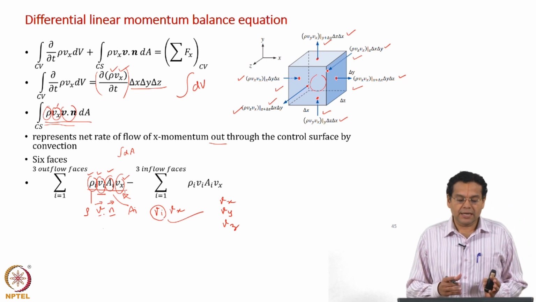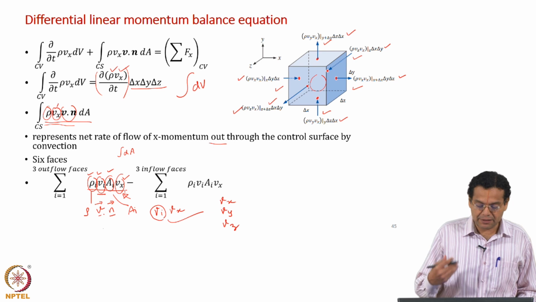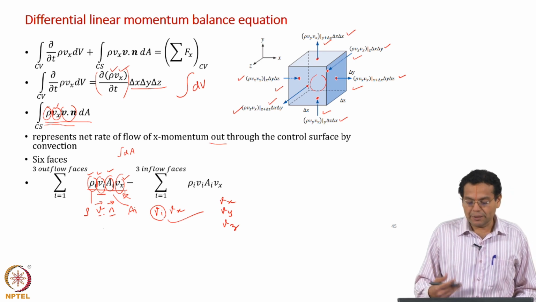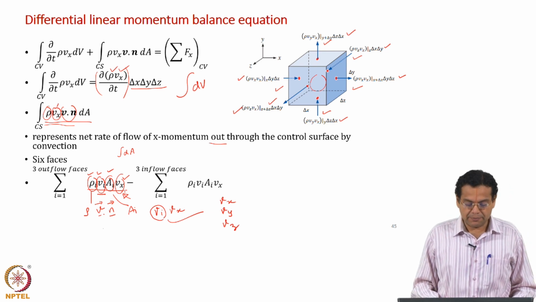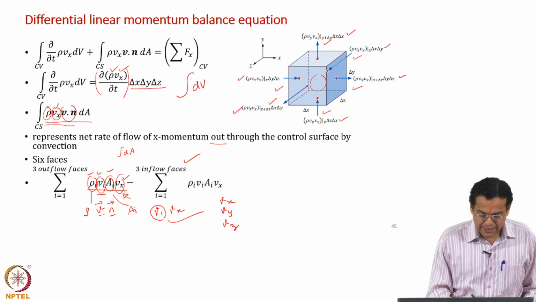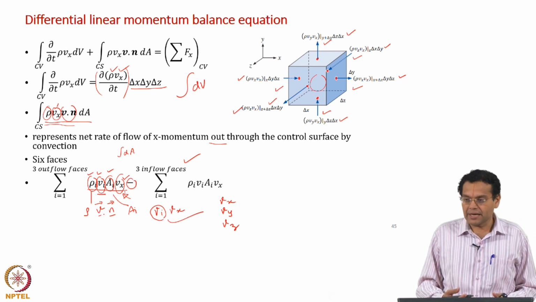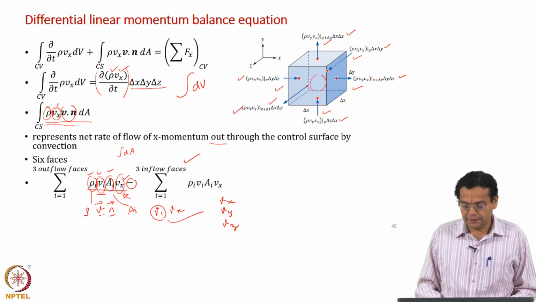Until rho_i V_i A_i we have mass flow in a particular direction. The moment you multiply with V_x, you get x momentum, flow of x momentum in a particular direction. Similarly we write for inflow phases and we take care of the negative sign, because we are expressing V dot n in terms of V_i, we take care of the negative sign ourselves.